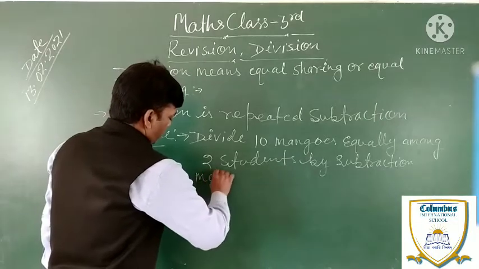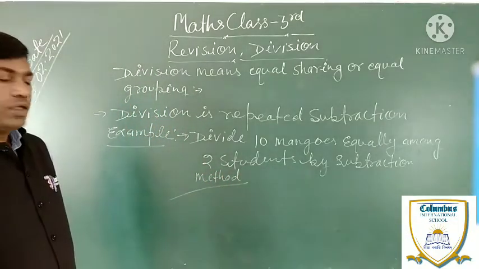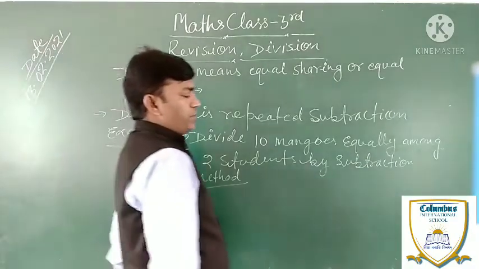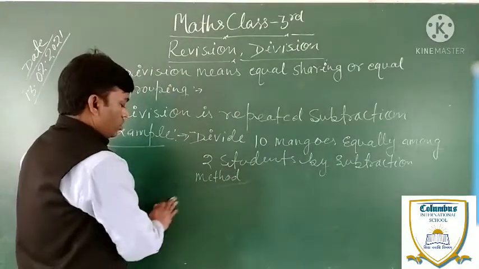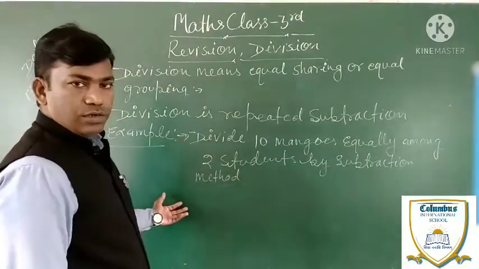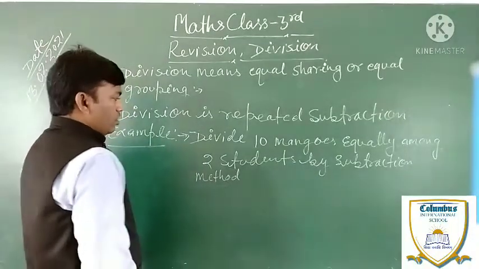Okay, by subtraction method. So we will solve this question with the help of the subtraction method. This is division, but we will solve it with the help of the subtraction method.